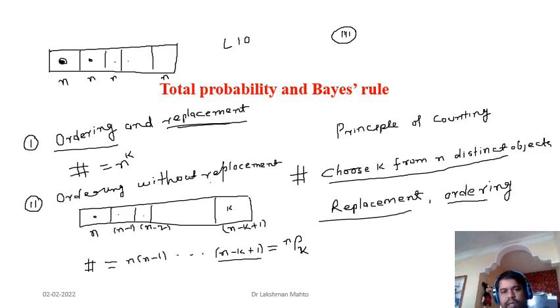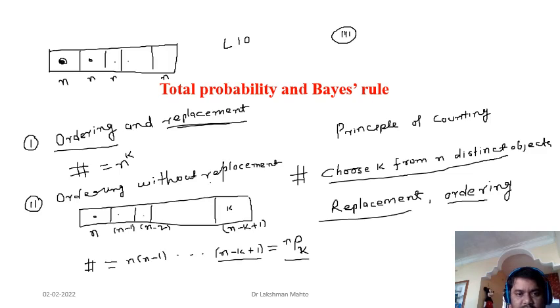You can verify this formula. So actually what you are doing here is subtracting n minus 0, then n minus 1, likewise here it would be n minus k plus 1, and you can summarize it.